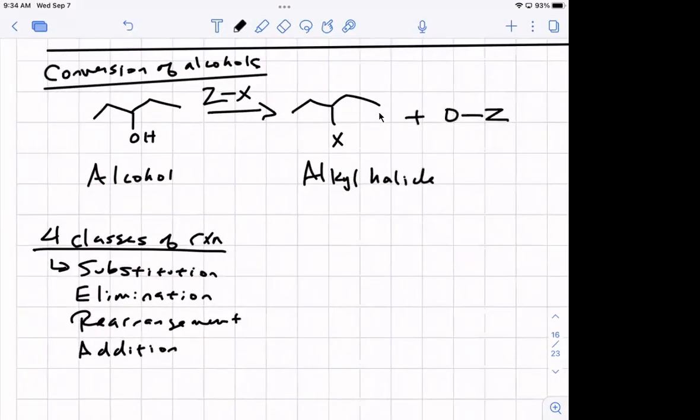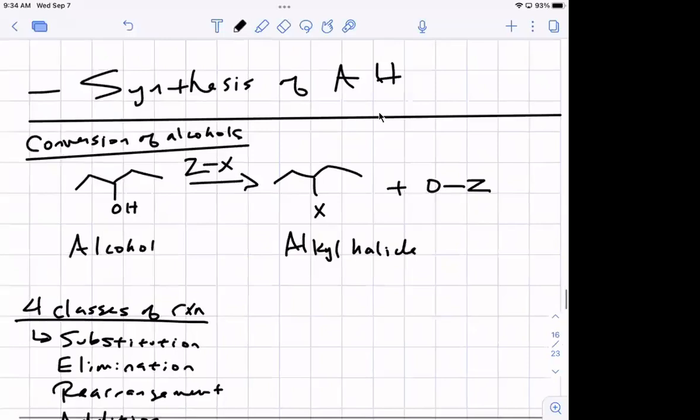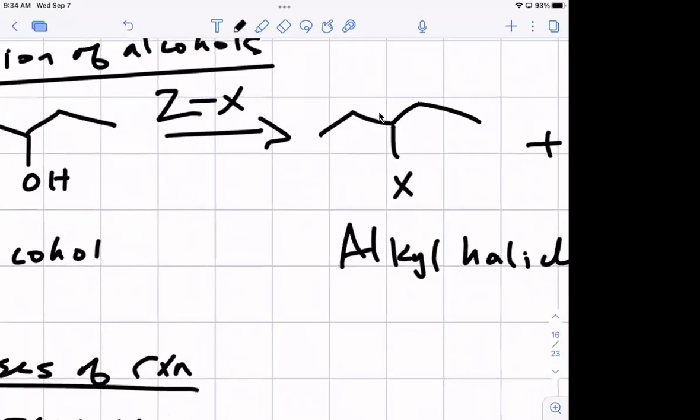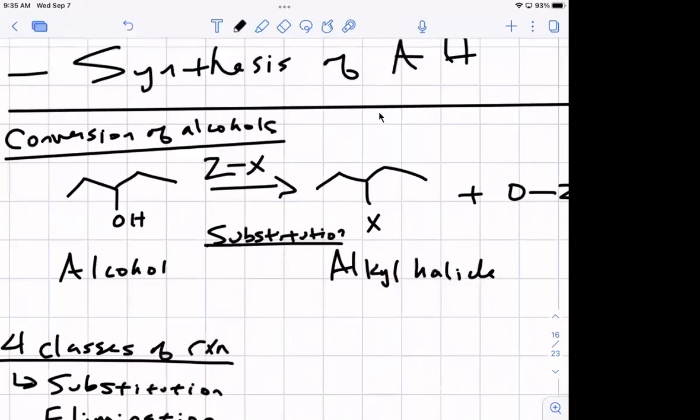This type of reaction right here, where you take an alcohol and turn it into an alkyl halide, is a type of substitution. Anybody remember from part one the two types of substitution that you studied?